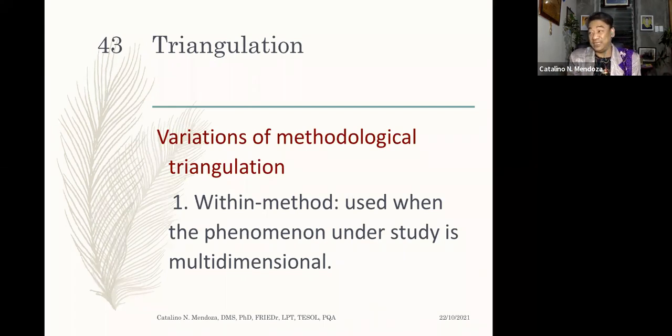So that is within method. If you have established a first dimension, second dimension, third dimension, or the first phase, second phase, third phase of your research, you could possibly use multiple methodology.